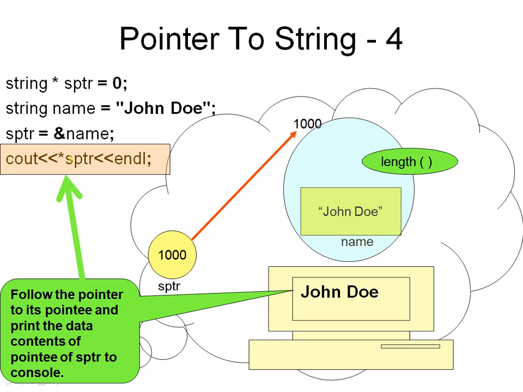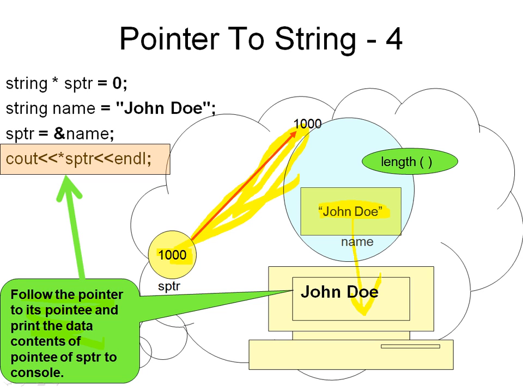When we execute this statement, the meaning is: follow the pointer to its pointee and print the data contents of the pointee of SPTR to the console. Address 1000 is stored here. Follow the pointer to the pointee. Grab the data member. Print to the console.